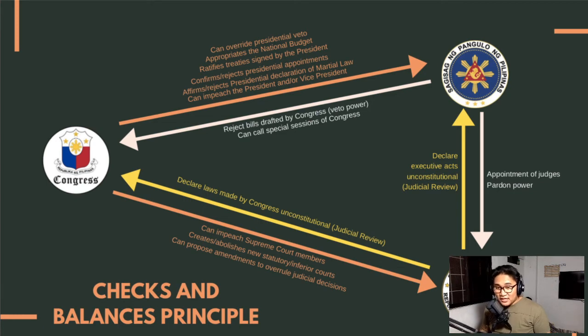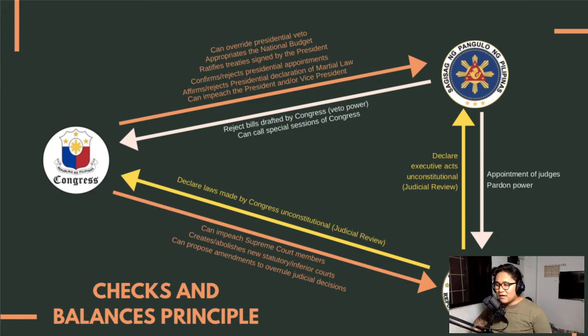Hindi siya pwede mag-materialize kung hindi naman siya papayagan ng Congress. Kasi if the Congress thinks na hindi tama or hindi maganda yung balak ng Pangulo or ng executive branch, they can not ratify yung treaty ng presidente with other countries. Same goes with pagtanggal ng mga treaties na yon. Okay? So, pwede yan i-check ng Congress or ng Senate.